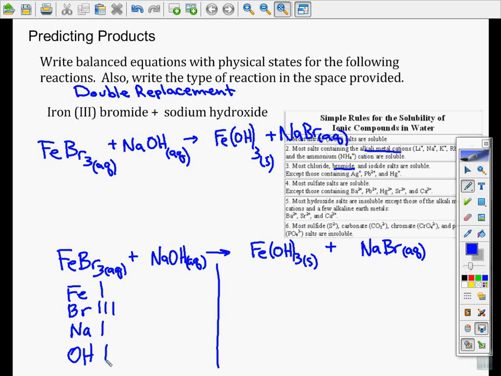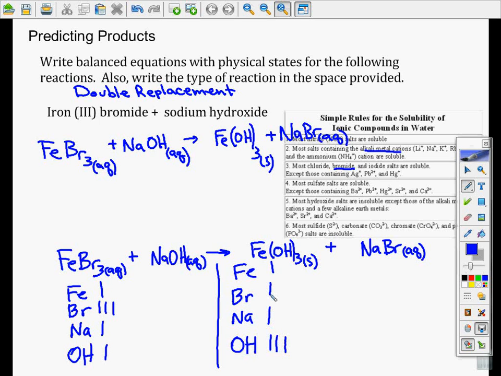On the product side, write down your elements once again just to make sure you're keeping track of everything. And for the irons we have 1, hydroxides we have 3, sodiums we have 1, and the bromine we have 1. Now obviously not balanced. That's our skeleton equation. So let's go ahead and balance these.